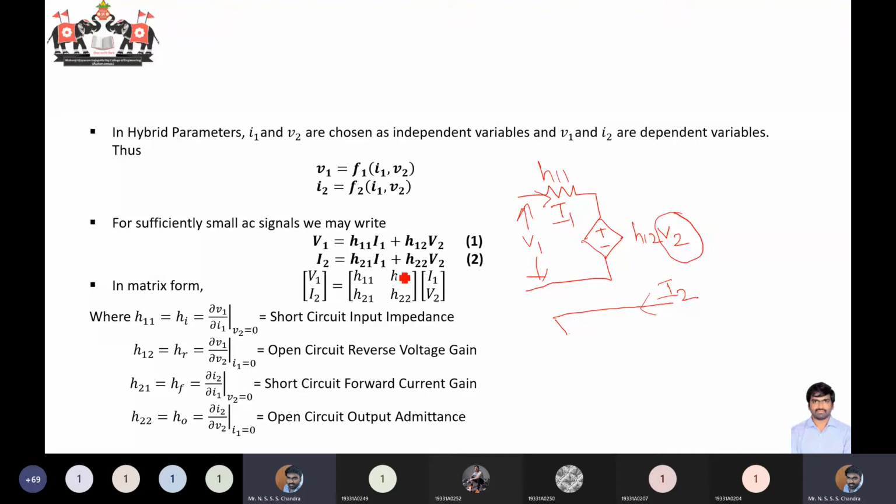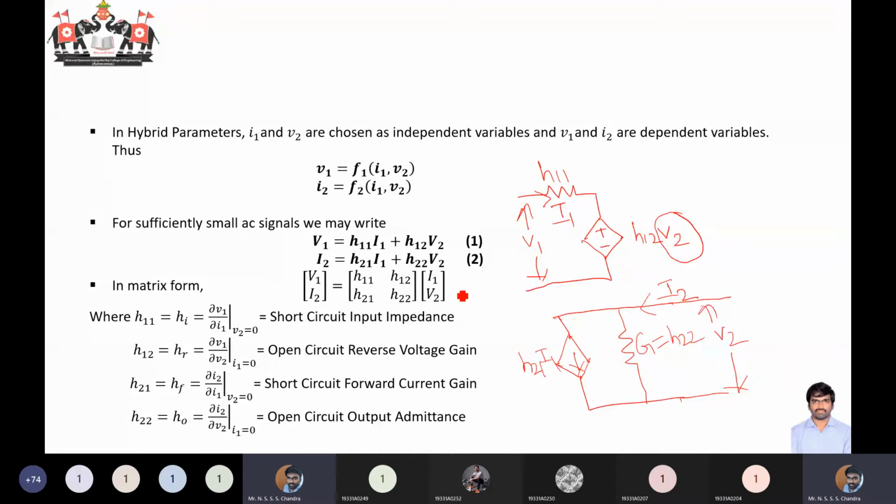Okay, so this is a current source. So this current source is H21 into I1, and then we have a conductance G. So G equal to H22, and then the voltage across this is V2.